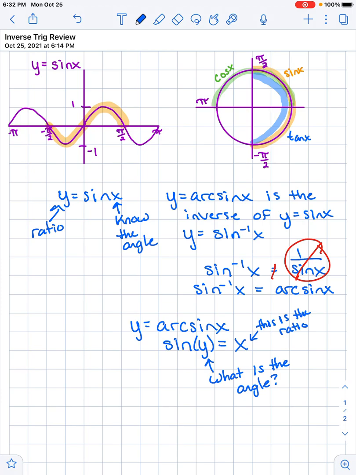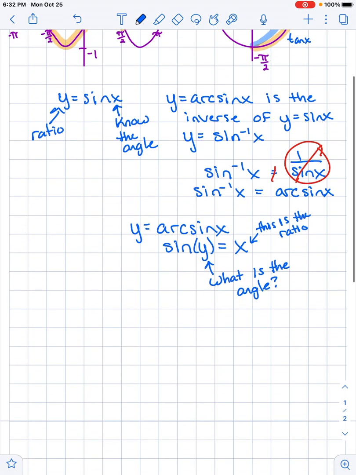Let's do a couple straightforward examples and then we'll get a little bit more complicated. So for example, if I asked you, what is the arc sine of root 2 over 2? Keeping in mind that we are restricting our values here because we're looking at sine, we're restricting our values to between negative pi over 2 and positive pi over 2.